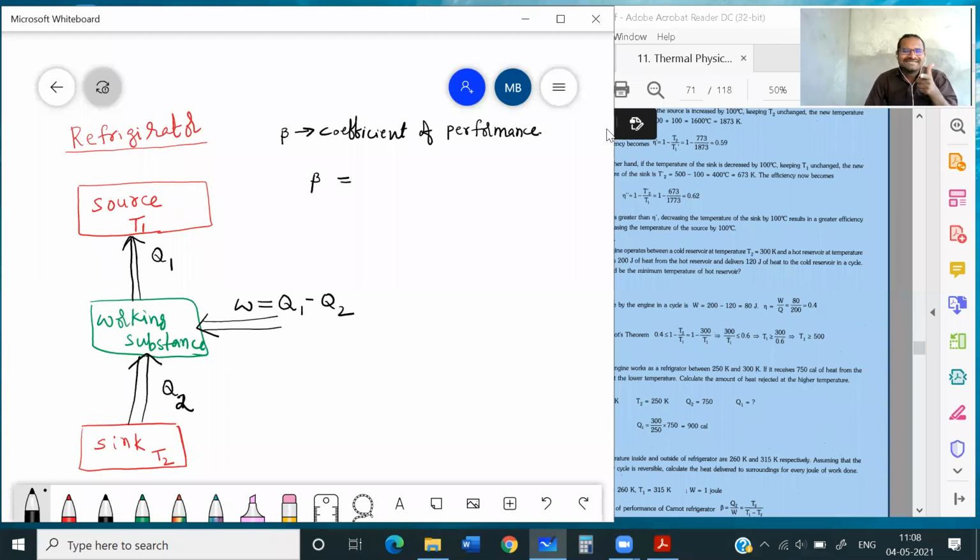It extracts heat energy Q2 from the sink when some work is performed. The ratio between the amount of heat energy extracted from the contents of the refrigerator and the work performed on the refrigerator is called the coefficient of performance. Okay, clear?